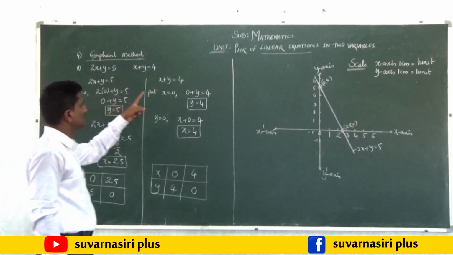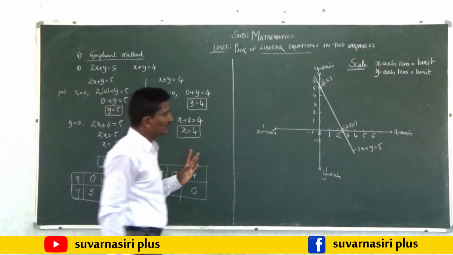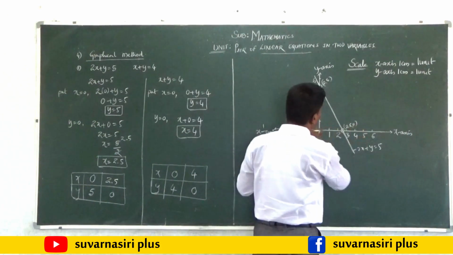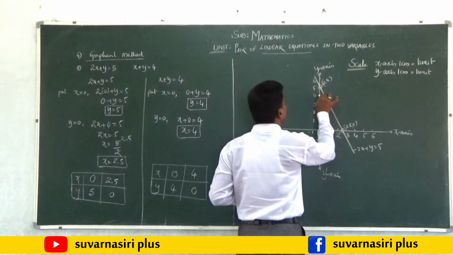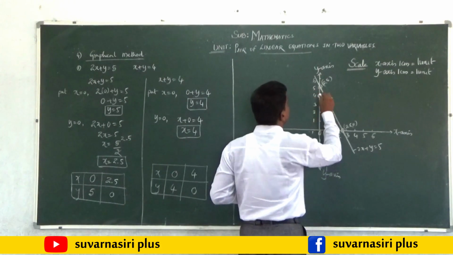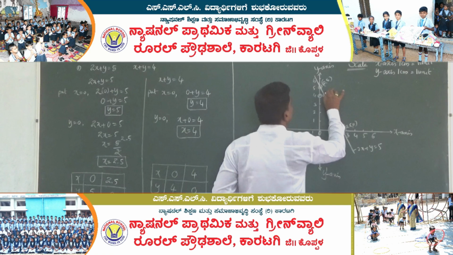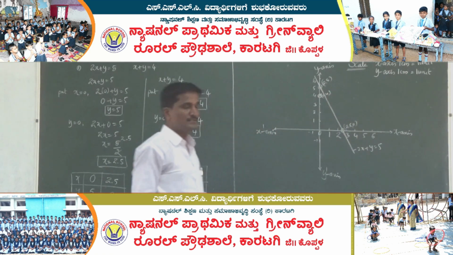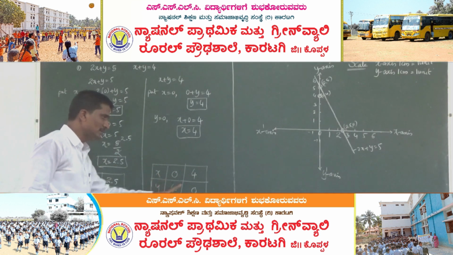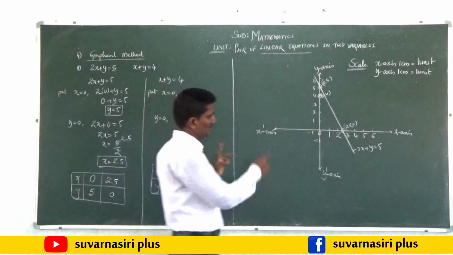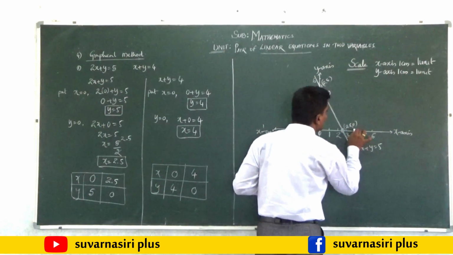This second equation there. Again say x is 0, y is 4. x is 0 means x-axis 0. The y coordinate 4 means here 4. So (0, 4), you have to write the coordinate points. The second point x is 4, y is 0. x is 4 means you have to see along the x-axis. x is 4, here is the 4.